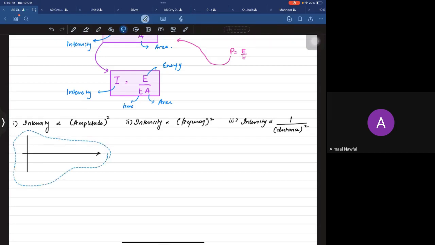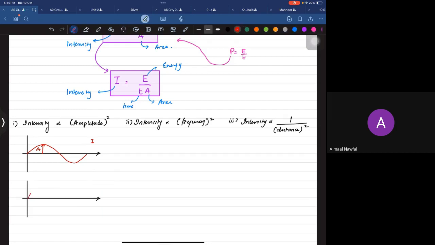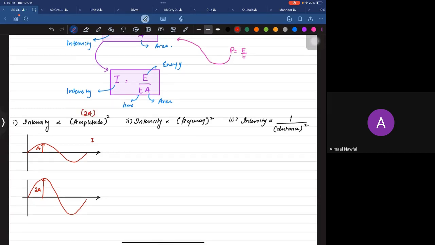So if there is a wave that is shown like this initially, and we say it has an amplitude of A and intensity of I, then when the amplitude becomes twice of this, even though frequency is the same, if the amplitude becomes 2A, then because amplitude square is proportional to intensity, you put 2A in this, when you square this, it will become 4 times.